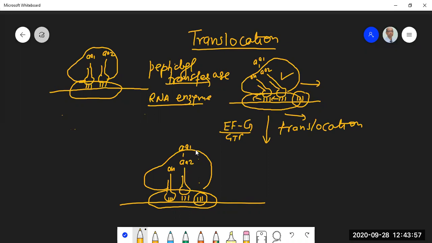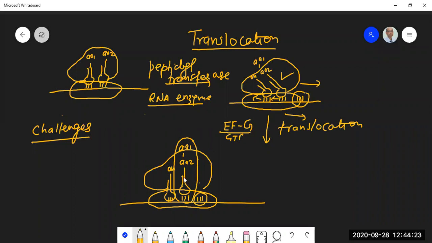The question is, why do you require this movement to take place in two steps? And the answer is, one of the challenges for the ribosome is to retain this peptidyl tRNA in the ribosome and not allow it to drift away.